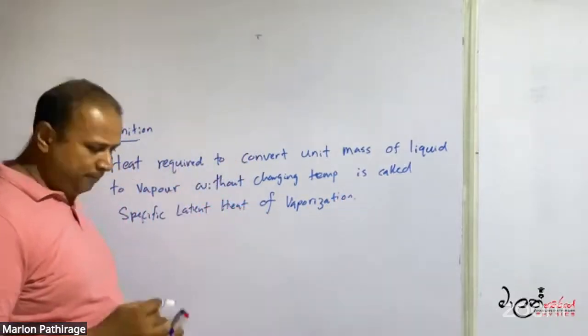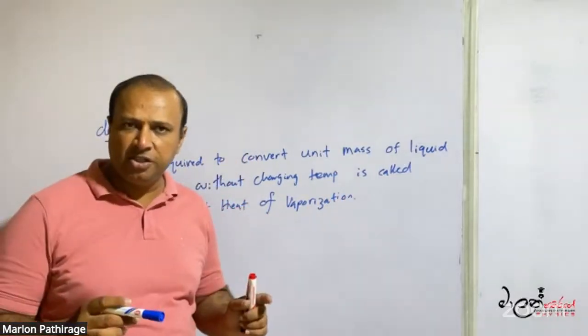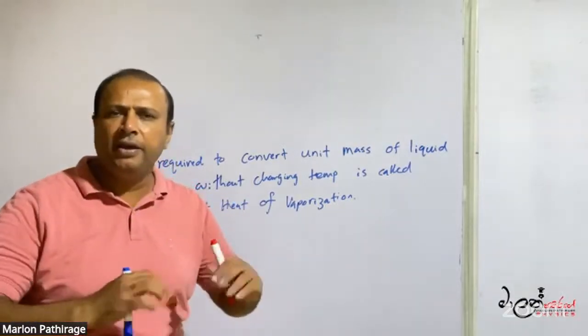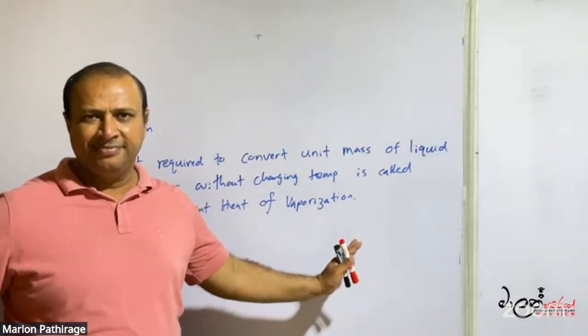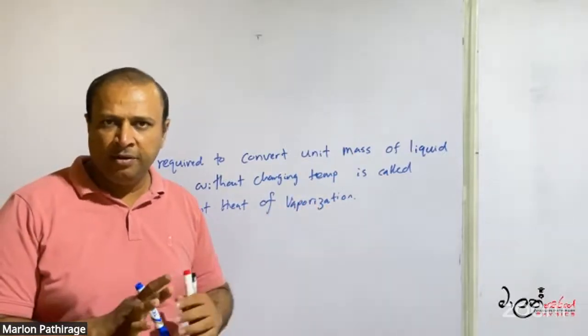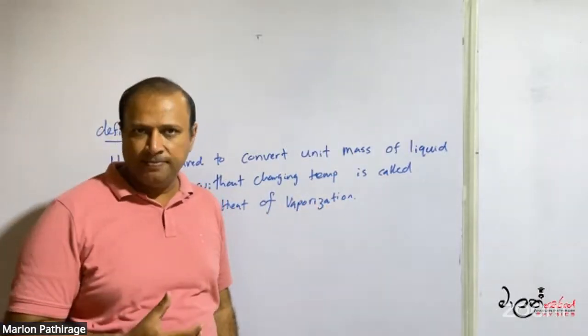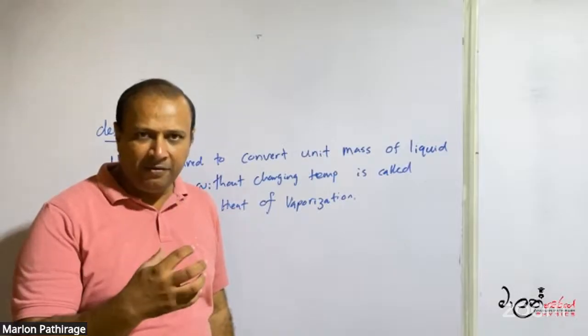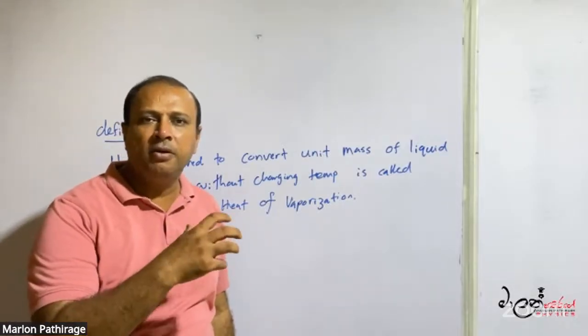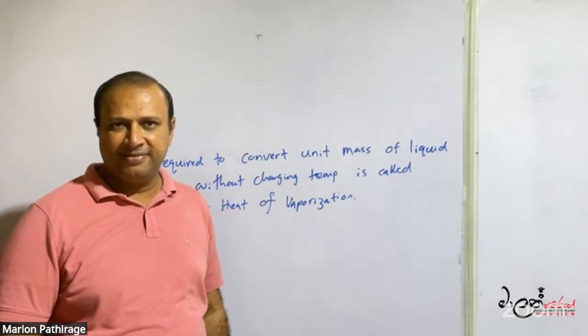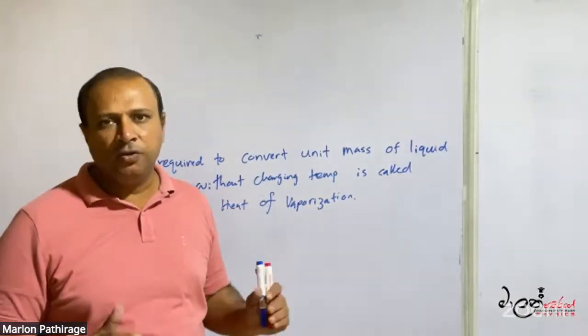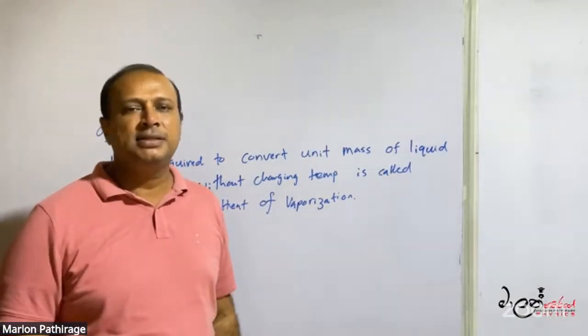During vaporization, you have to break all the bonds. But during fusion, you don't have to break all the bonds. In a liquid, there are bond clusters, so you have to break only a certain amount of bonds.